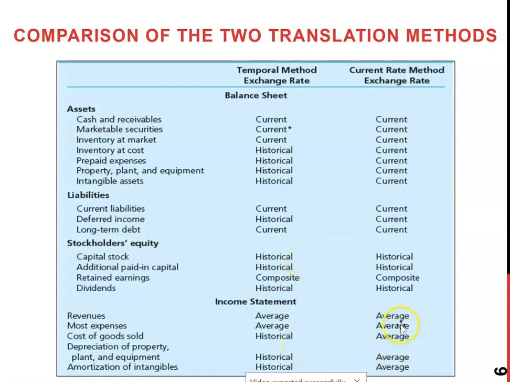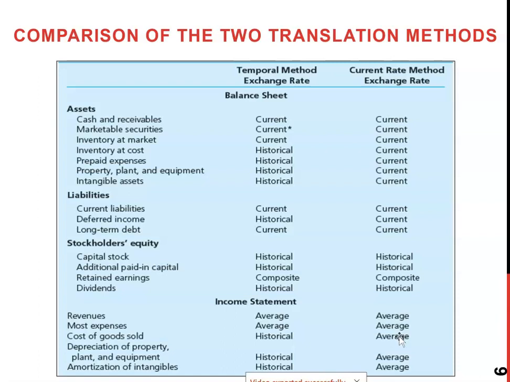Now you will see here average. These average rates are usually used for recurring items, and of course it's for the income statement items. For the current rate method, you will see all income statement items will be using the average rate.